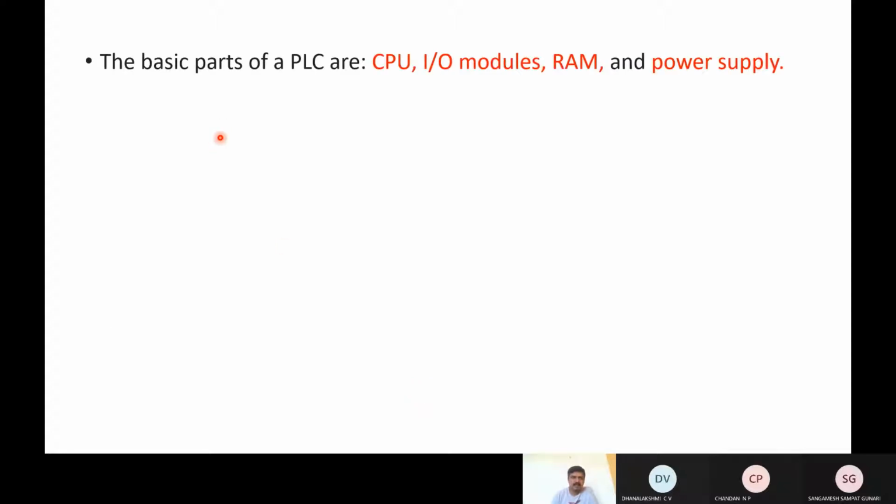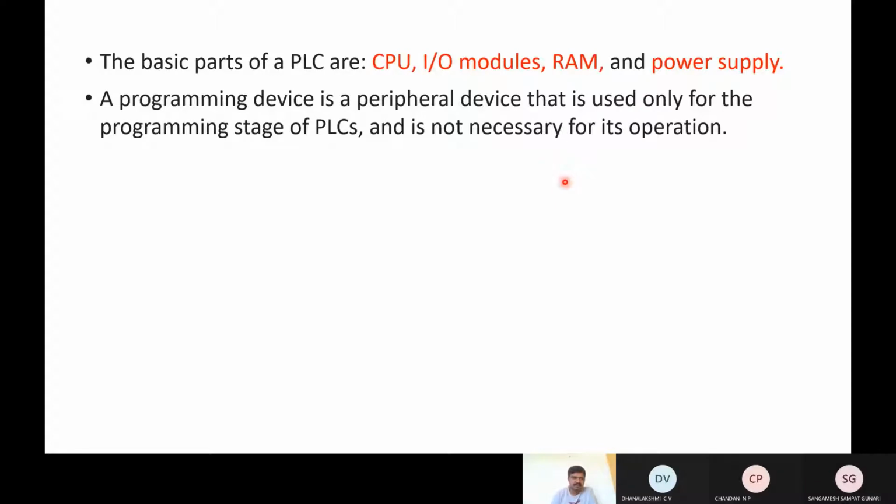Next, the basic parts of a PLC are the processor, that is the CPU, then input-output modules, RAM, and power supply. A programming device is a peripheral device that is used only for the programming stage of PLCs and is not necessary for its operation. That means it can be an external device.